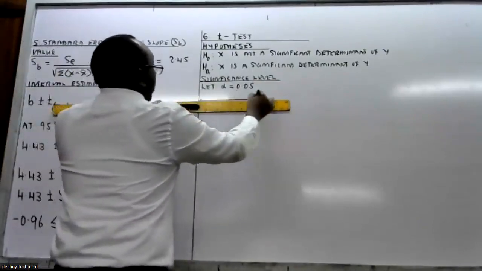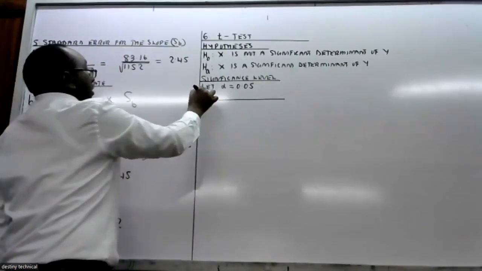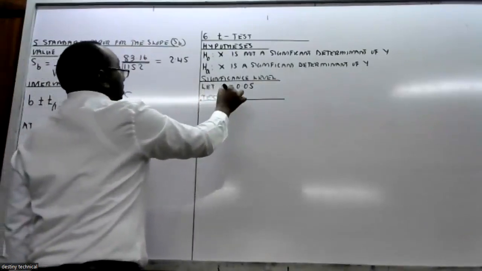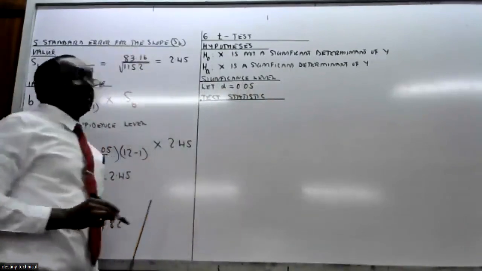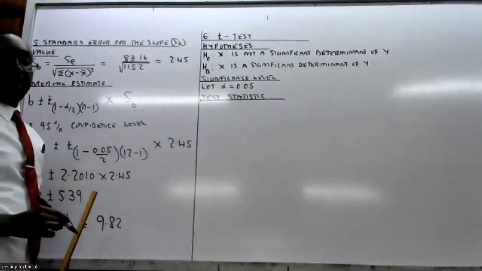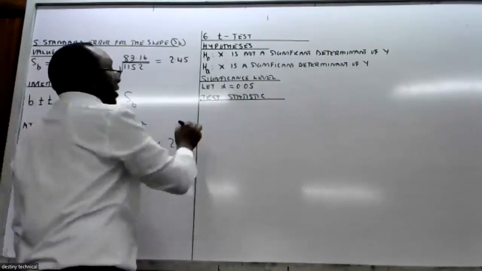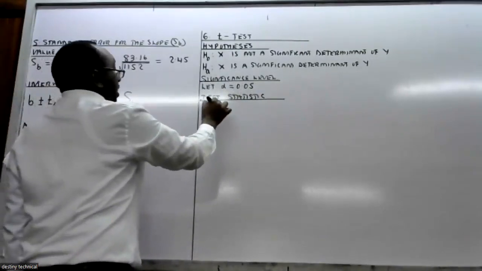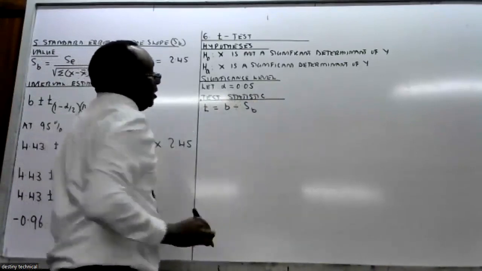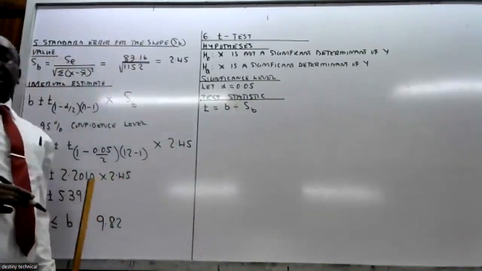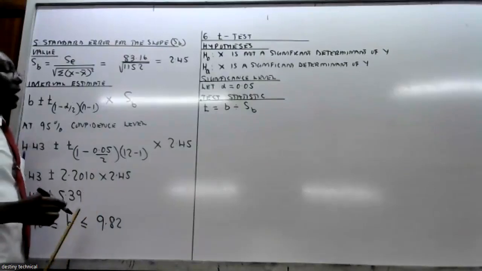The next one is test statistic. Now, in the test statistic, T is given as B divided by SB.